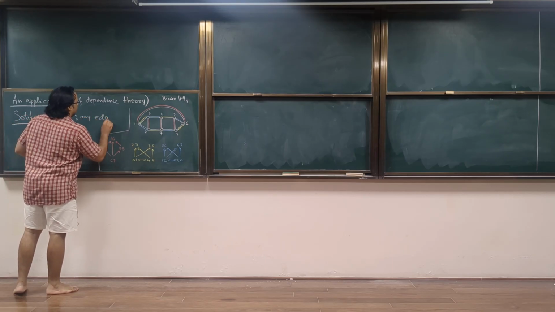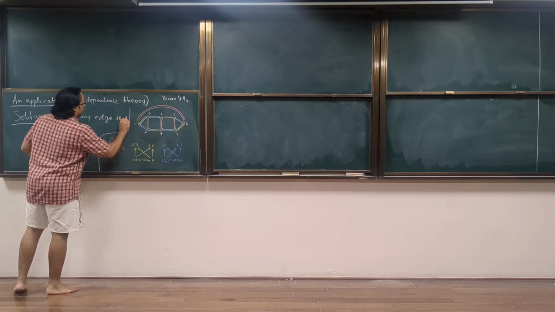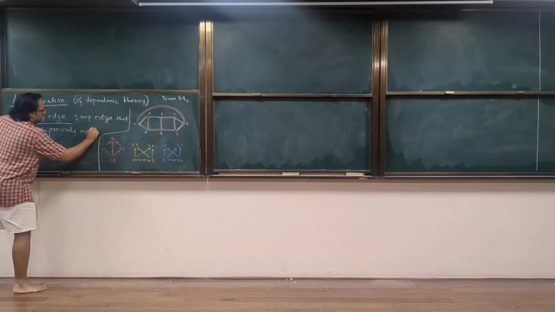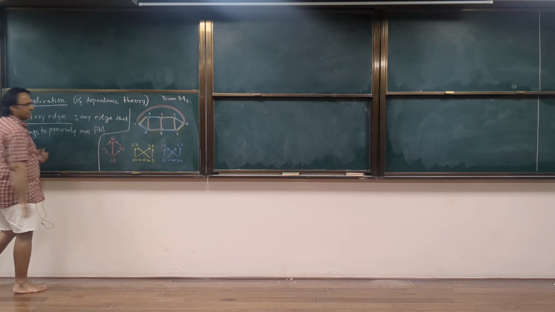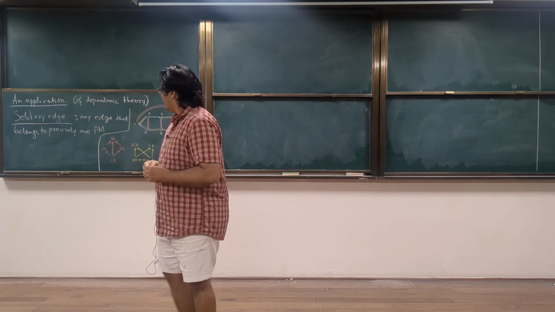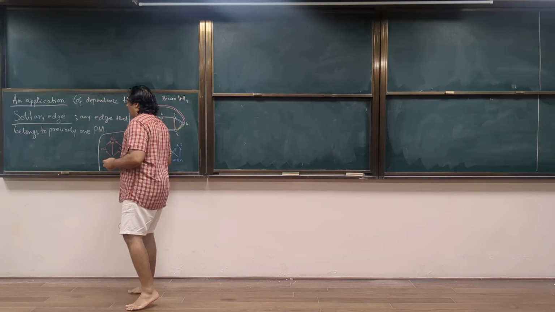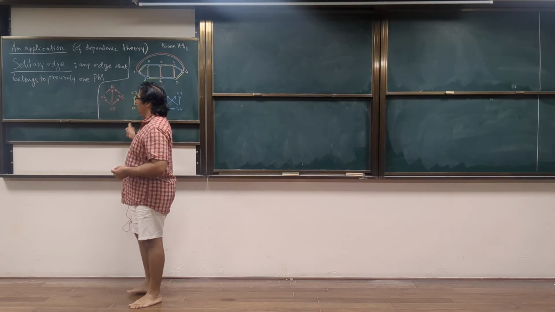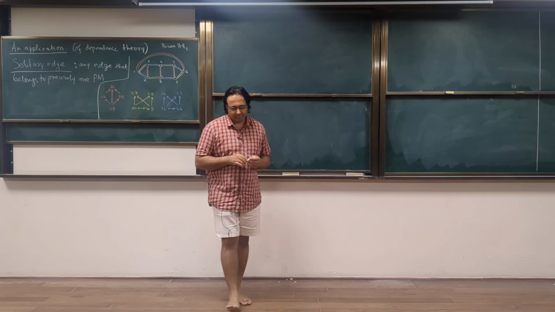Any edge that belongs to precisely one perfect matching in a matching covered graph, right? And interestingly, we don't understand them that well. We understand a few things about them, but there is a lot we don't understand about them.